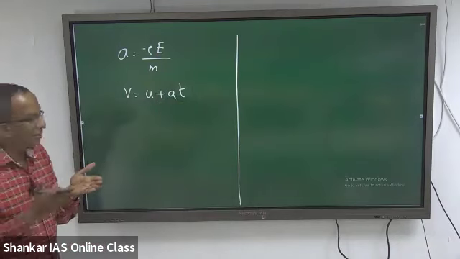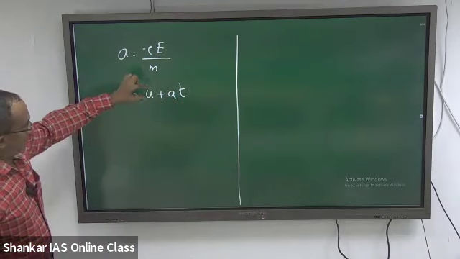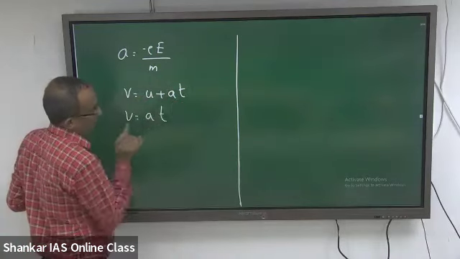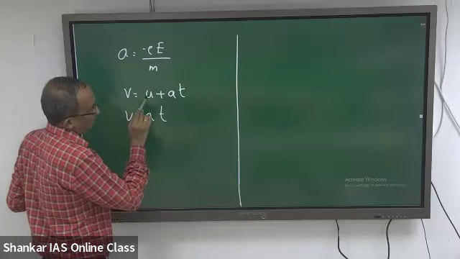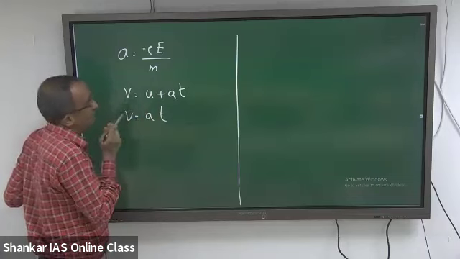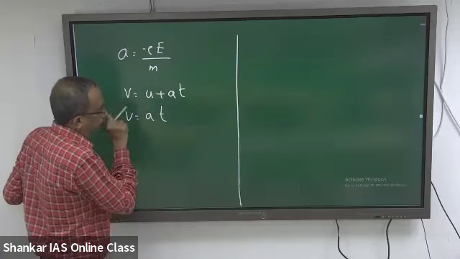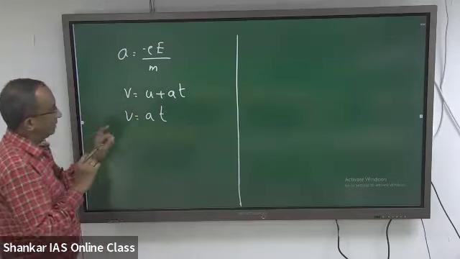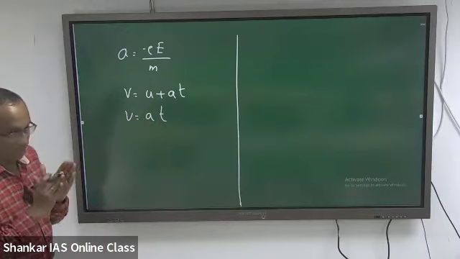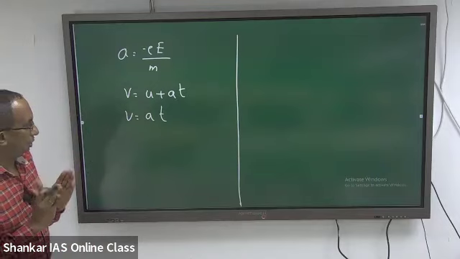The drifting starts from rest, so u equals 0 and v equals at. Here, the time is the time between two collisions.